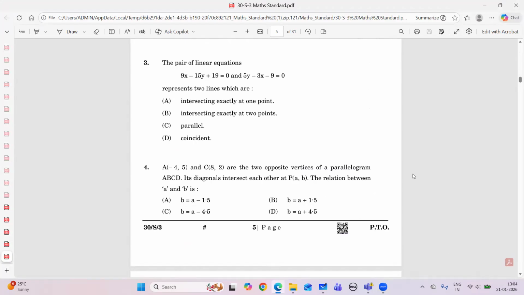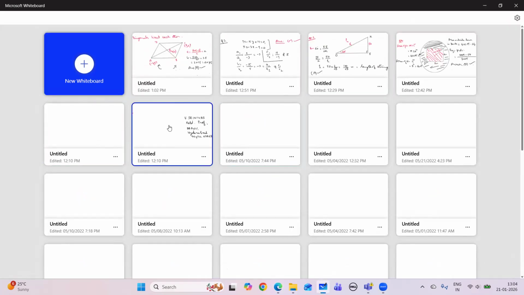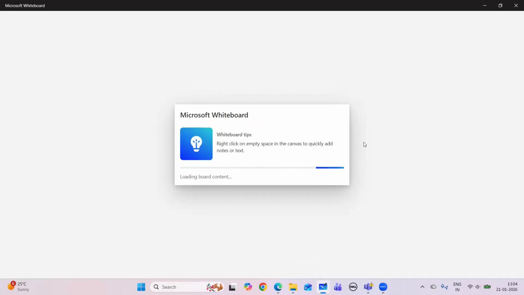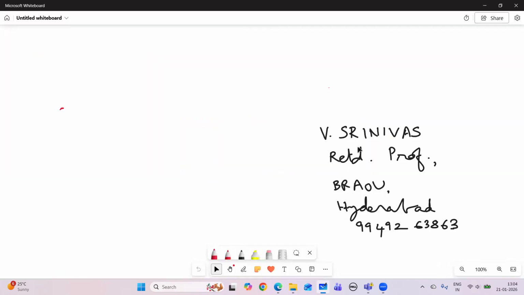So with this, I want to end this lesson. Here I tried to explain some concepts involved in multiple choice questions of the CBSE syllabus, and various important points involved while solving the questions.